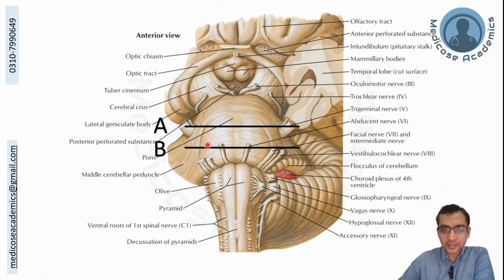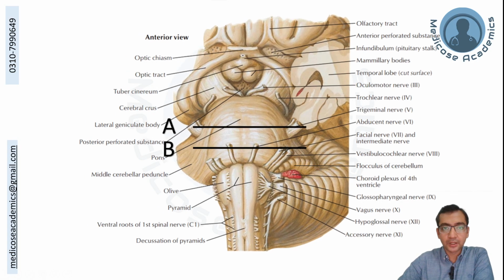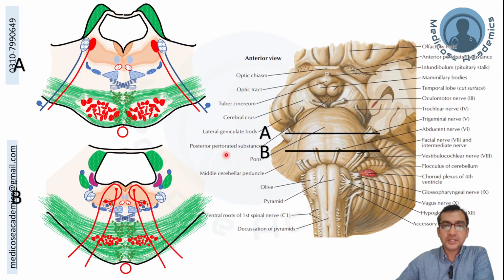It's not visible externally as these nerves are exiting at pontomedullary junctions, abducens, facial, vestibulocochlear, but we will see them nonetheless. So these are our target cross sections that we are going to discuss.